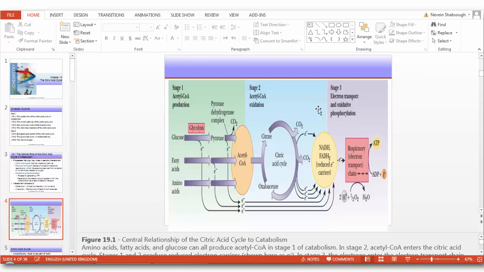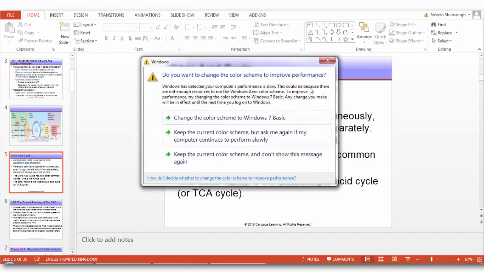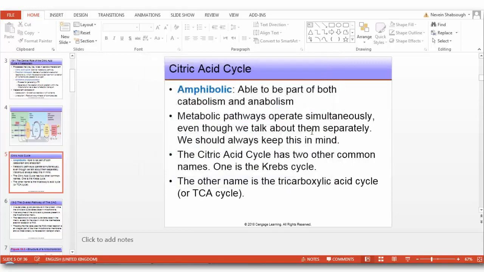Now, the citric acid cycle is referred to as being amphibolic, as I talked about. It has two other names. One is the Krebs cycle, in honor of Sir Hans Krebs, who first investigated the pathway, and he received a Nobel Prize in physiology or medicine in 1953.